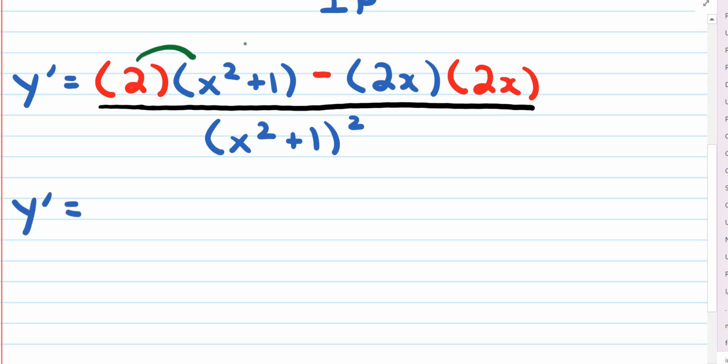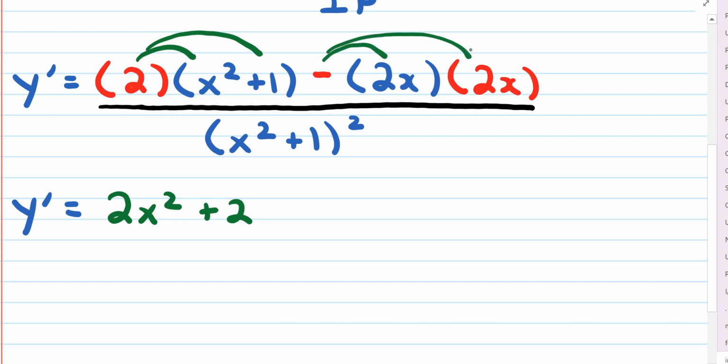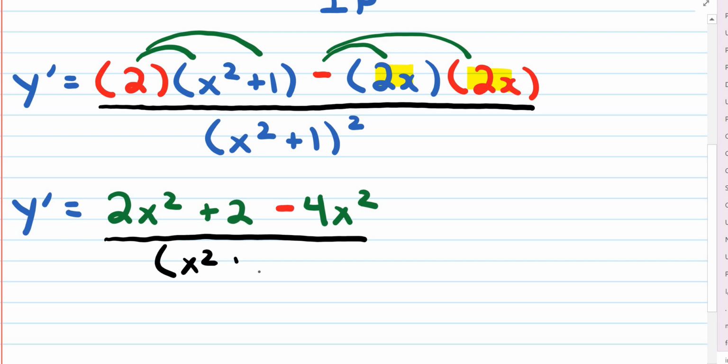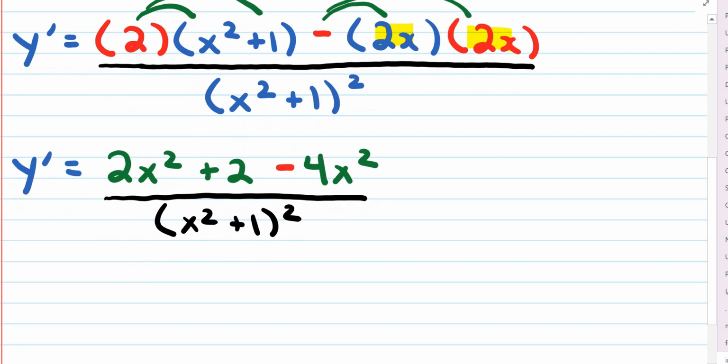Okay, so if I distribute that, I get 2x squared plus 2. And then if I distribute this negative sign onto all of that, basically we have 2x times 2x, which is 4x squared. And since there's a minus sign, it will be minus 4x squared. And then we still have the denominator as being just (x squared plus 1) all to the power 2.